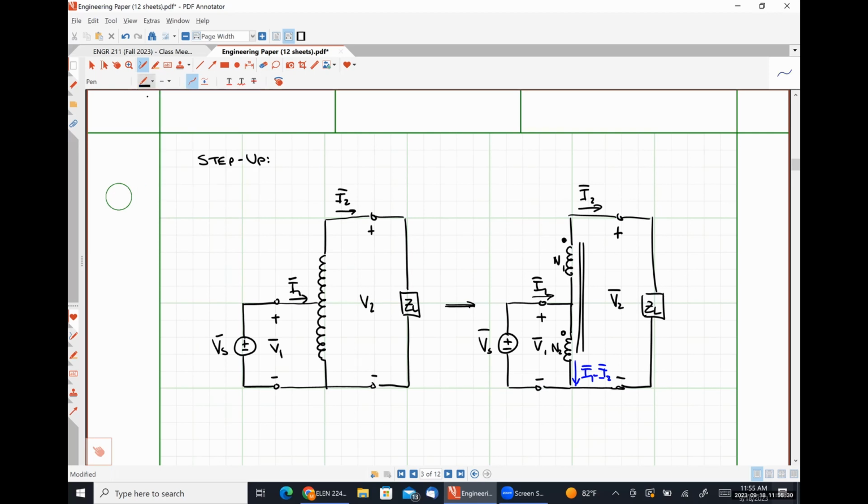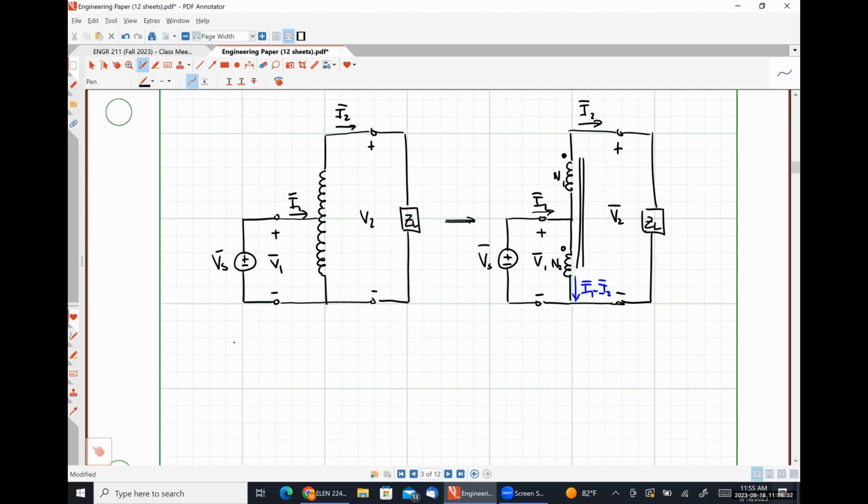We're doing no analysis whatsoever, just what we learned from dealing with the step-down autotransformer. What do you think the ratio of V2 to V1 should be? So total number of turns on the secondary side, N1 plus N2, divided by the turns on the primary side, which is just N2.